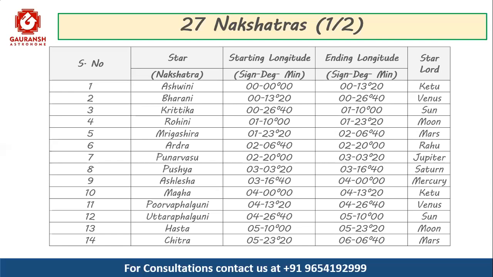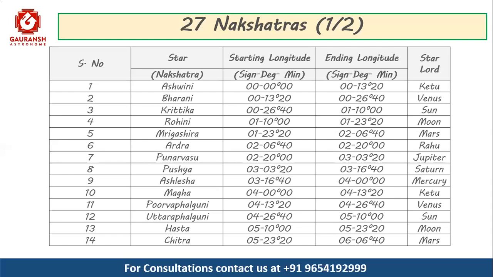Second is, for Bharani it is Venus. For the 11th, Purva Phalguni, it is Venus. For third, Kritika, it is Sun. So for Uttara Phalguni it is Sun. Rohini, it is Moon. You will see Hasta, it is also. The sequence is what we follow in the Vimshottari Dasha: Ketu, Venus, Sun, then Moon, then Mars, Rahu, Jupiter, Saturn, and Mercury.